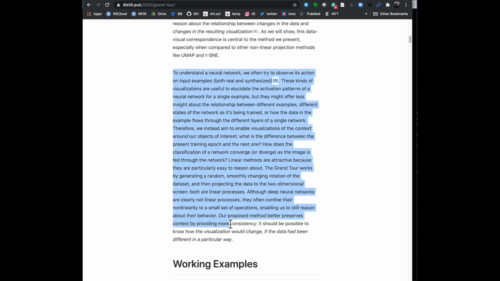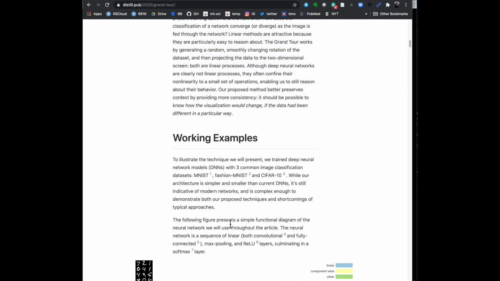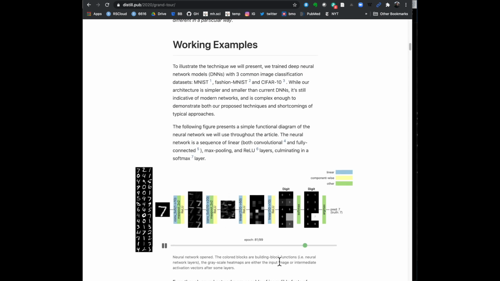The natural language text is still there, but it's integrated with the code itself. Here you can see they're training a convolutional neural network to recognize different handwritten numbers. We talked about this MNIST data set a little bit.